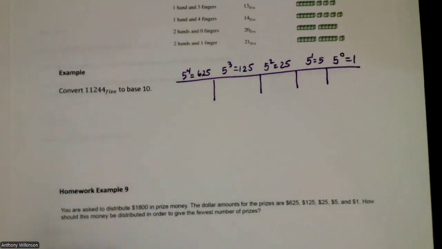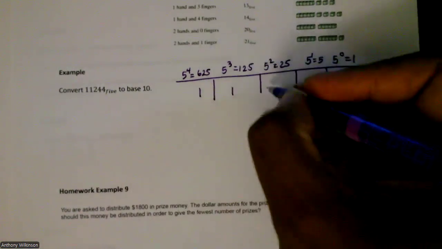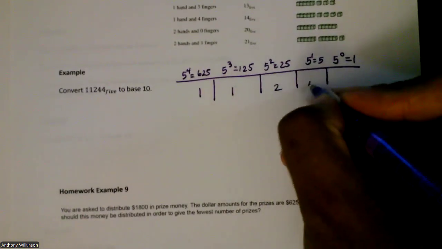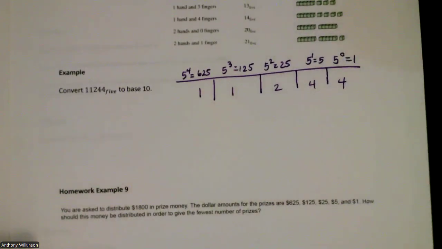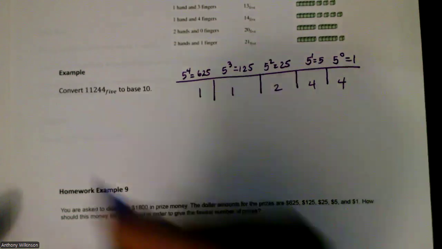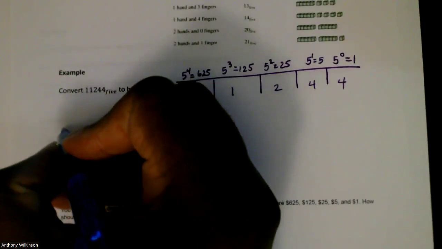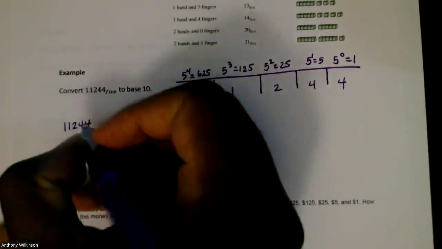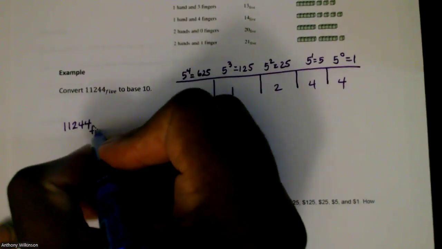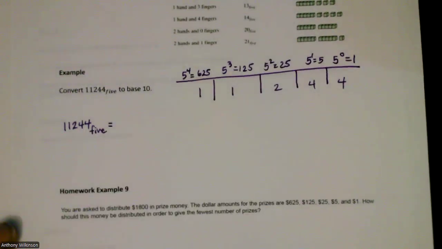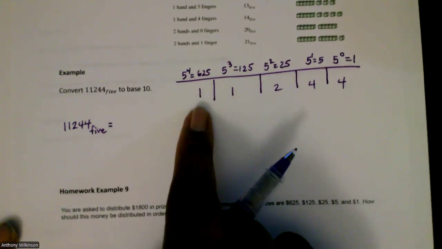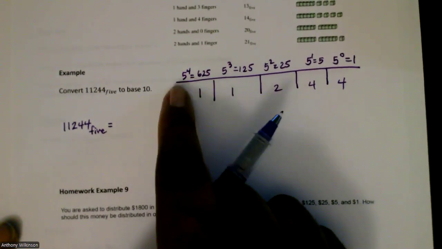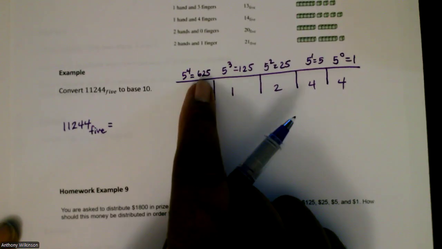And here I've got 5 numbers in the base 5. So here I'm going to fill those in. 1, 1, 2, 4, 4. That's what this is going to be equal to. That first one is in the 5 to the 4th place value position, which is 625.